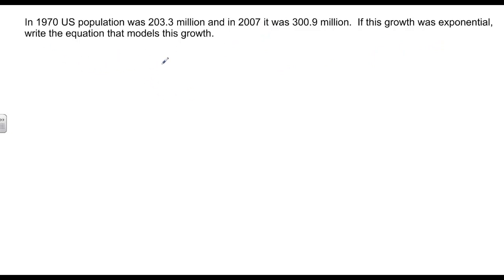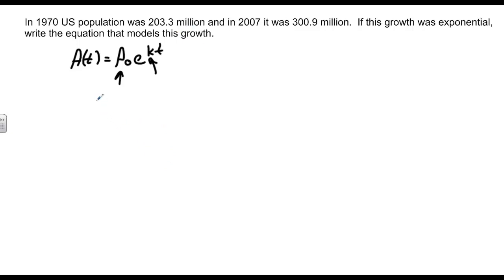So to write an equation of A of t equals a sub o e to the kt, what we need is a value for the initial amount and the k value. We have the initial amount, so that's great, but we need to find a k value.